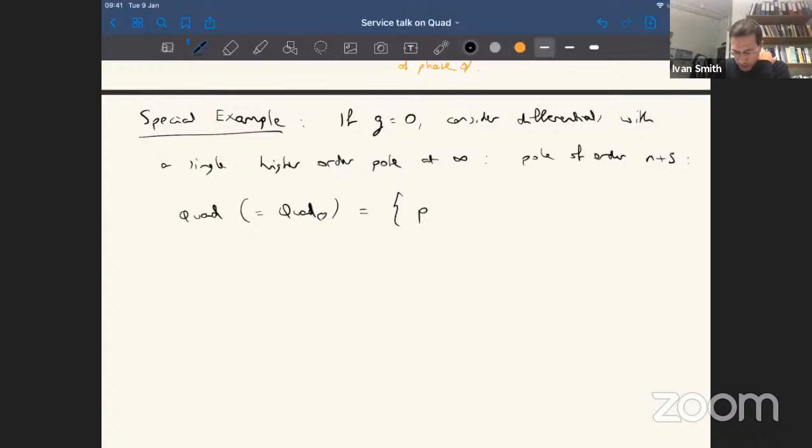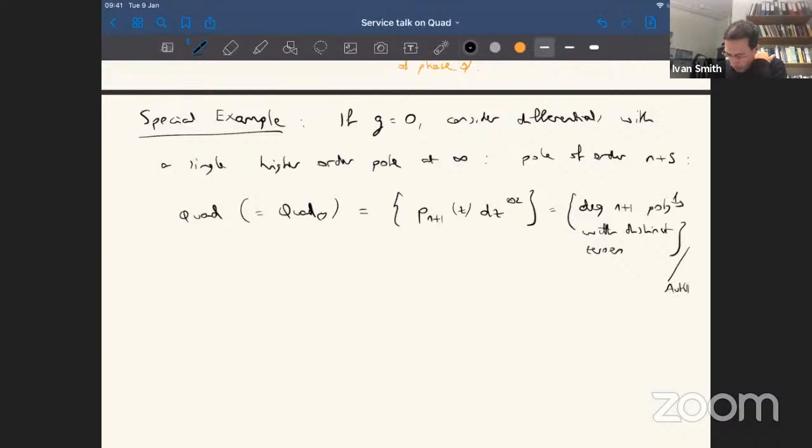These quadratic differentials are just appropriate polynomials times dz squared, where these are degree n+1 polynomials with distinct zeros. We should want to take these modulo automorphisms of P1 that fix the point at infinity where our pole is. That would be the natural group that we quotient out by.